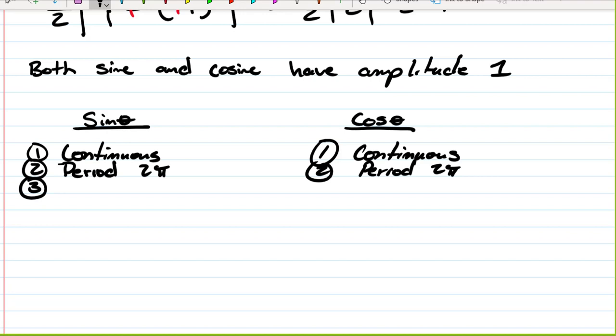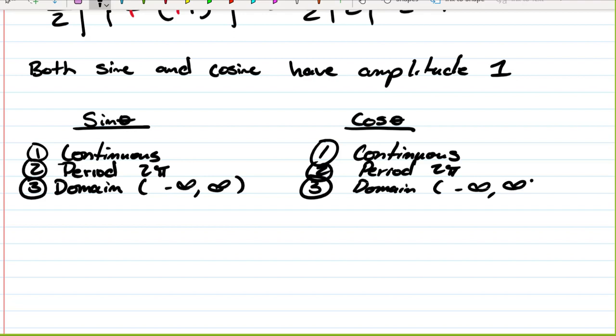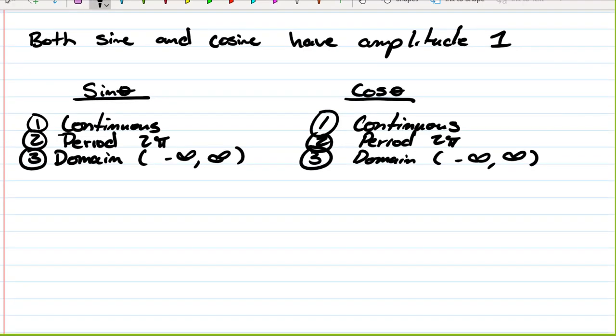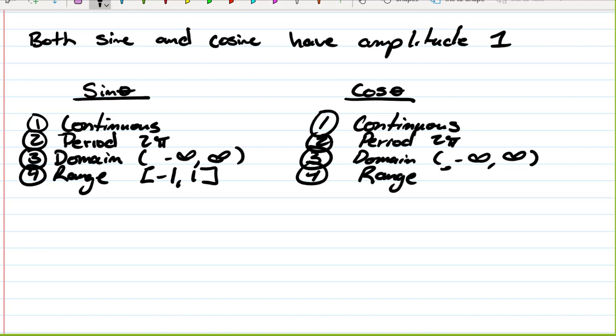Three, since they're both circular functions, they both had domain all real numbers. And four, as we just did when we were talking about the amplitude, they both have range from -1 to 1. And as we just saw, they both have amplitude 1.